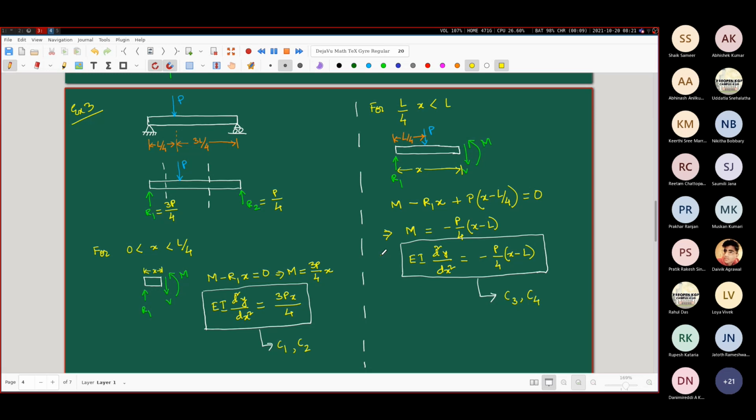Someone is saying that at this point, x equal to L by 4, we need to ensure that y is continuous, and I think what he actually meant was that the deflection should be continuous and the slope should be continuous, because dy by dx should be continuous.